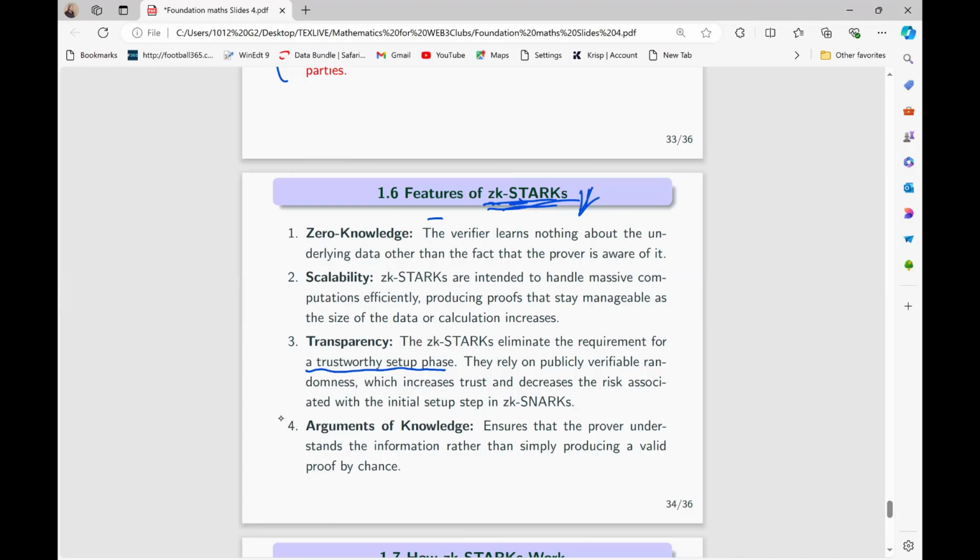They rely on publicly verifiable randomness, which increases trust and decreases the risk associated with the setup phase in the ZK snarks.